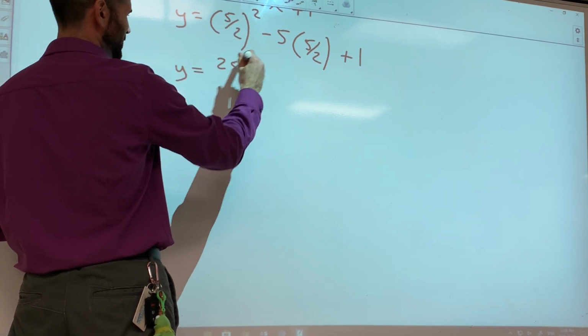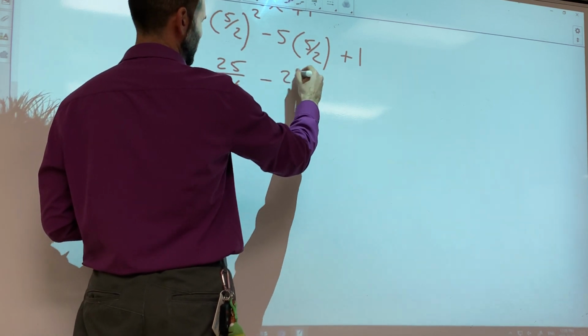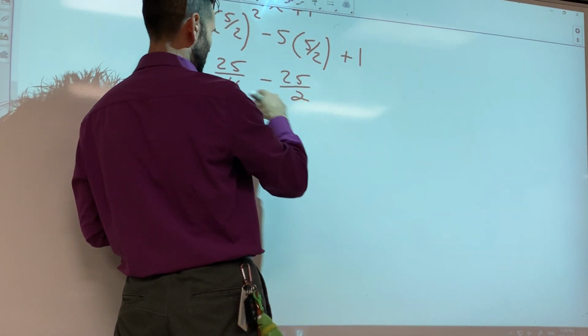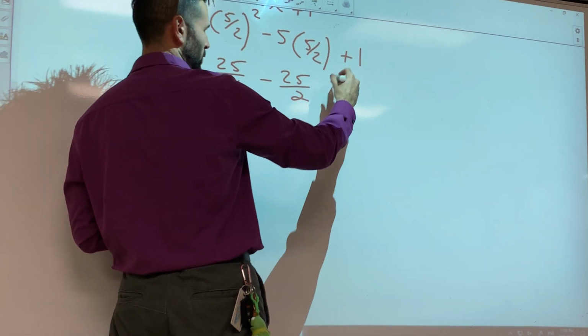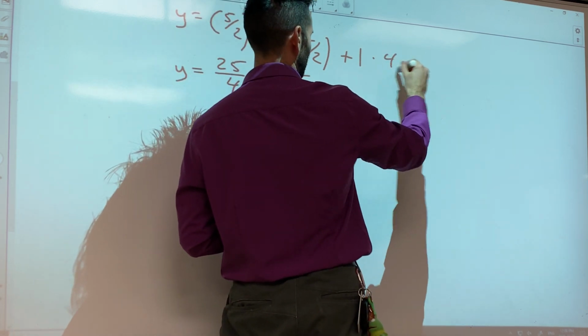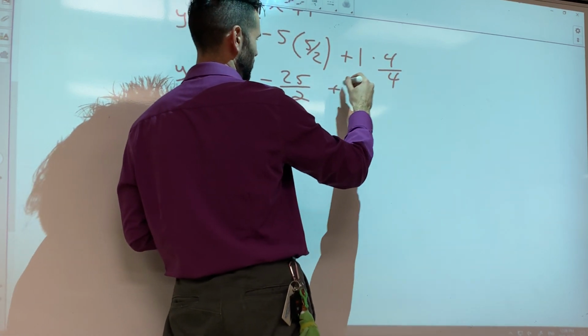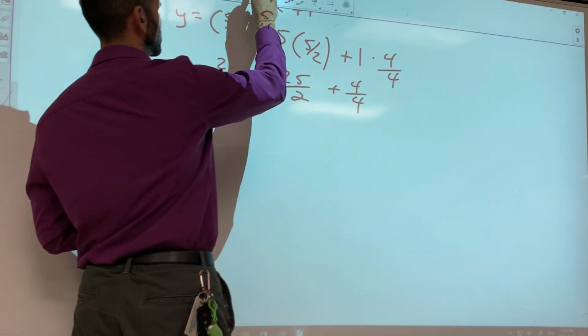Hey, so what do we get? We square it, we get this. 5 times 5 is negative 25, so you get this. And now it looks like I'm going to get a common denominator of 4 everywhere. So I'll put it as something over 4, just multiply it by 4 over 4. I'll change this one. What's that one as something over 4?